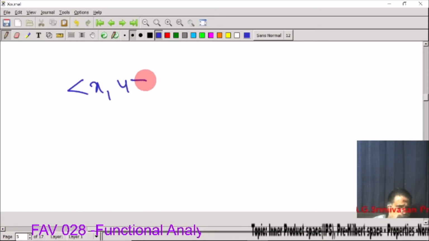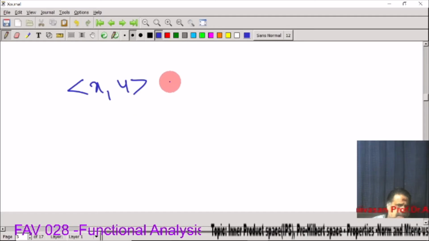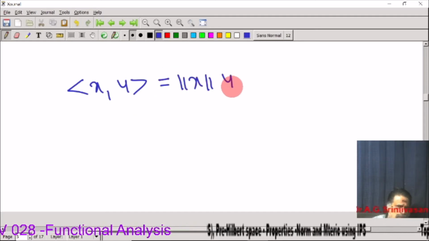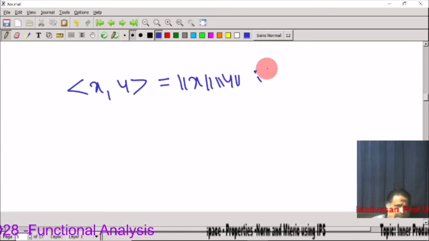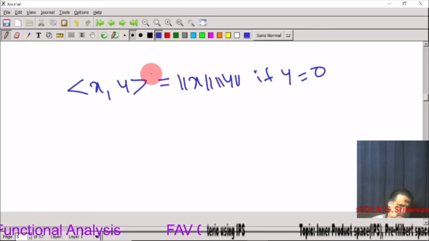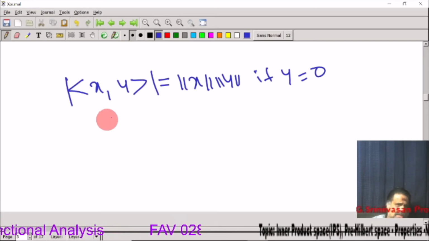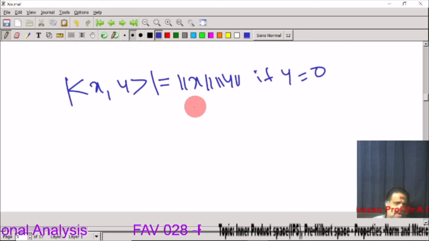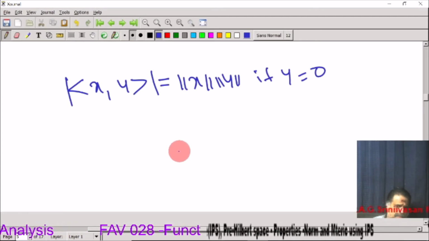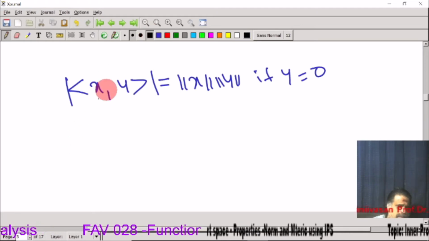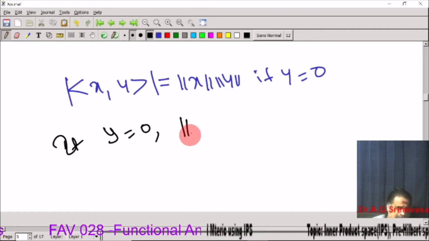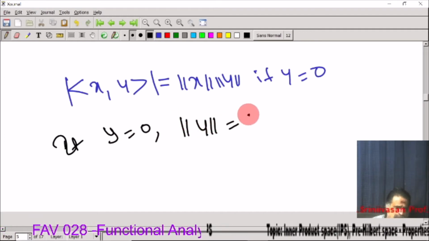We are going to show that inner product xy is actually equal to norm x into norm y if y is equal to 0. We are going to show first inner product xy, of course, modulus also can be taken, modulus inner product xy is equal to norm x into norm y. Now, this first case we are going to show. If y is equal to 0, we already proved that norm y is equal to 0.